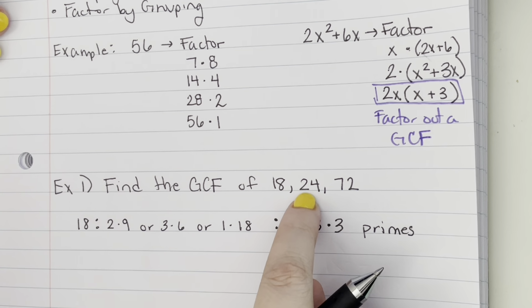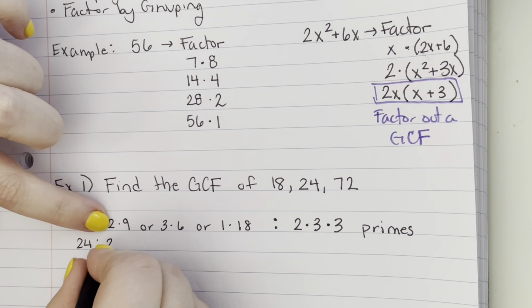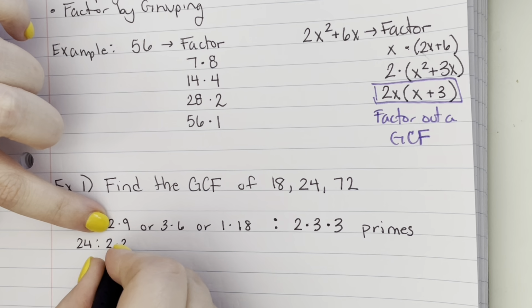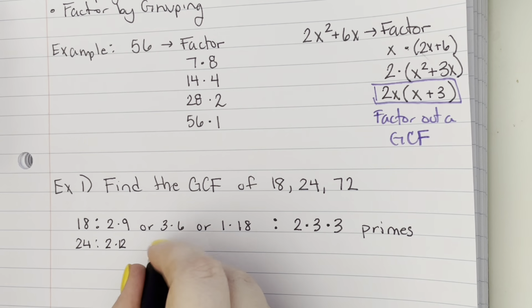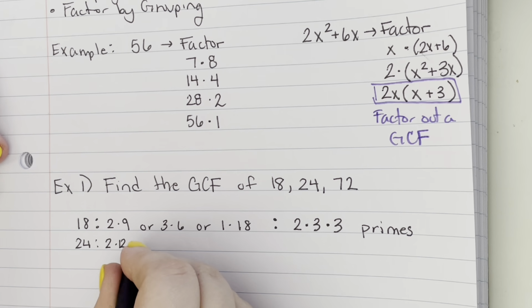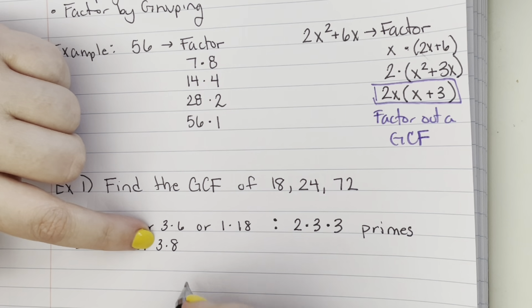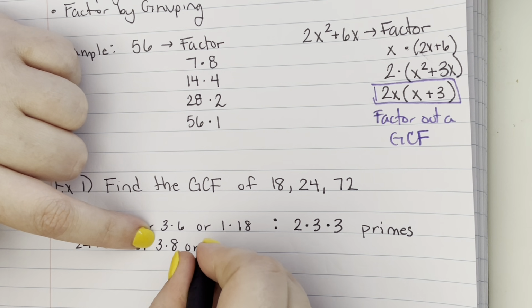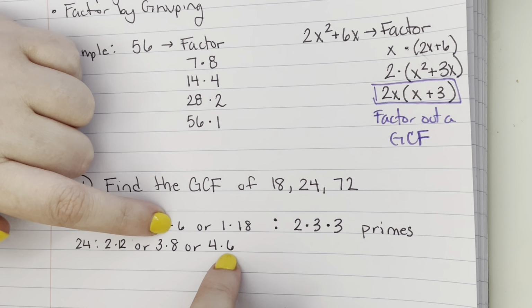If you take the same approach to 24, 24 could be 2 times 12, where 2 is the common factor. It could also be thought of as 3 times 8, 3 is the common factor, or it could be 4 times 6. 4 is the common factor.